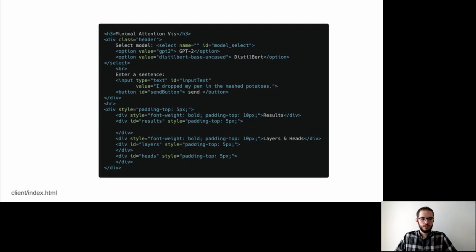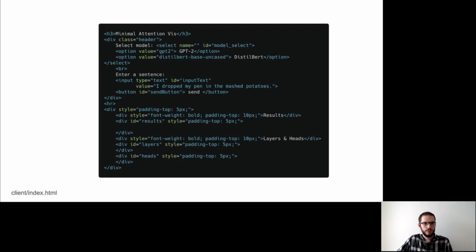And here we start by having a very simple index.html file, one where we even use inline CSS such that we don't even have to special case any kind of CSS in extra files. And what we're simply defining is a headline on top, a header where we have a model selection.